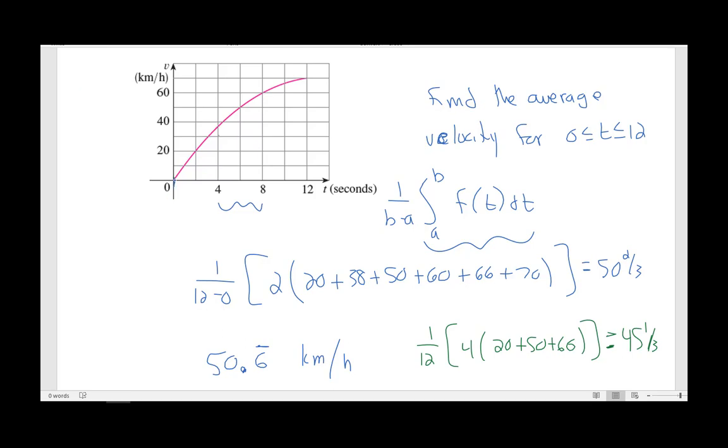So if I came back to a delta x of 2, my left endpoint here has no height to that rectangle, and then my second rectangle, I use my left endpoint here, and then my third rectangle, I use my left endpoint here. Because this graph is increasing and concave down, my right endpoints have extra, my left endpoints are an underestimate.